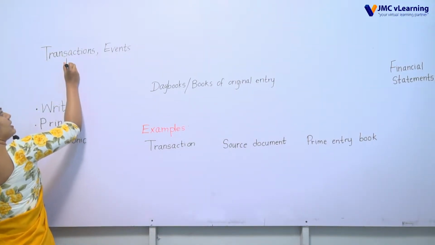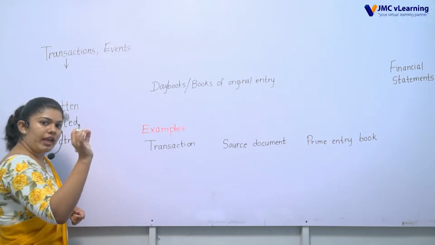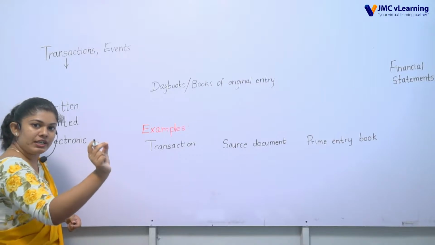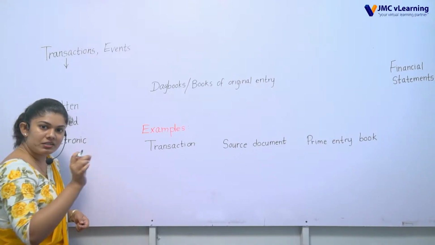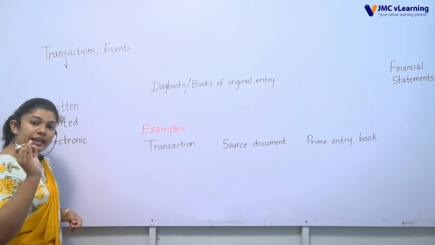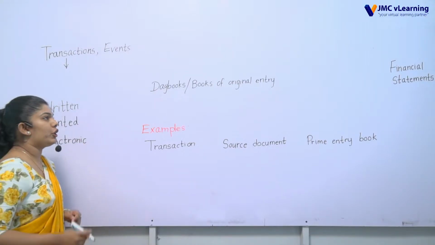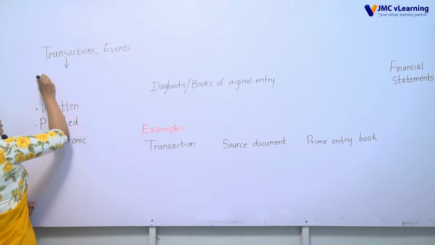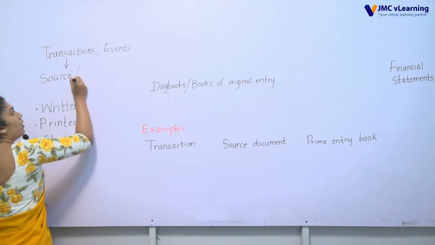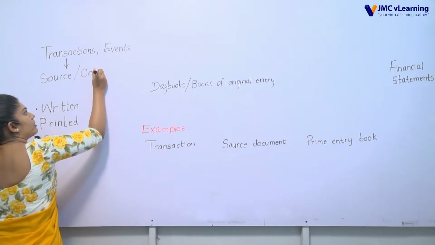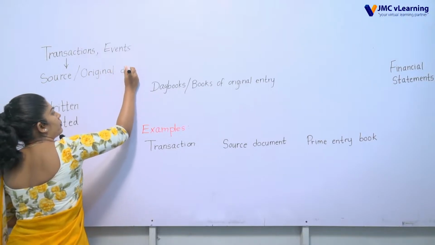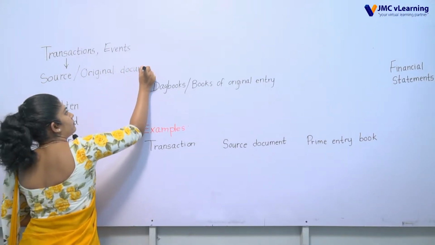Transactions and events are actually not recorded, but reported. We are just writing down or printing the nature and amount of that transaction in this particular document. We call that document a source document or original document.